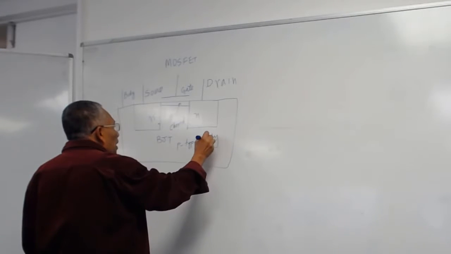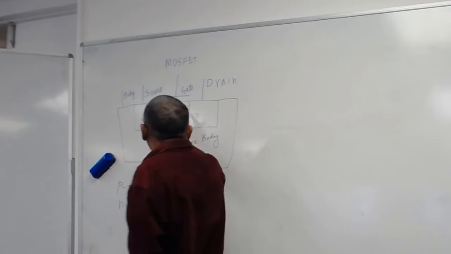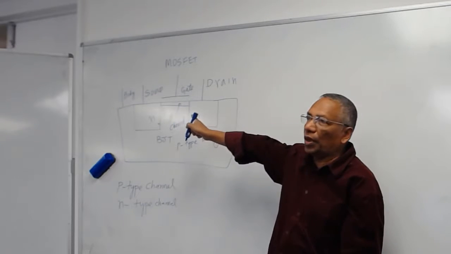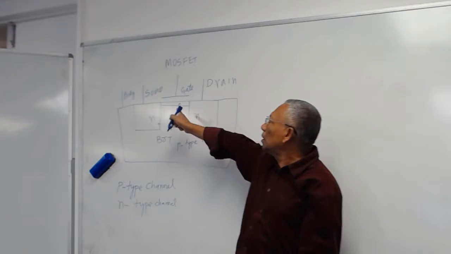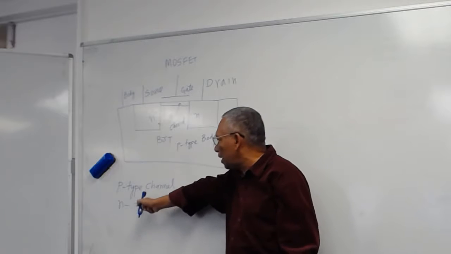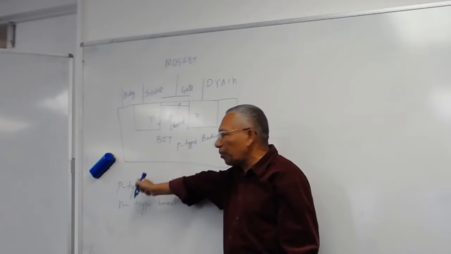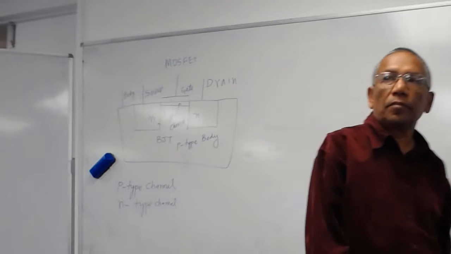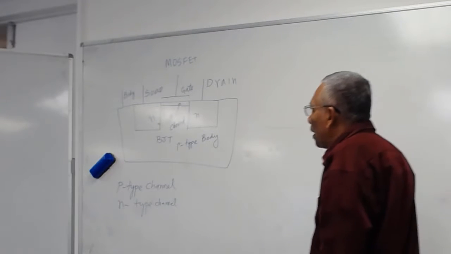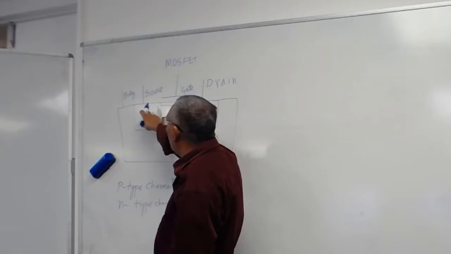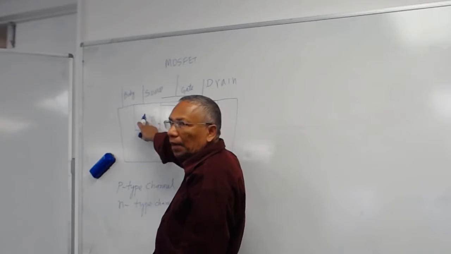So this channel here between the source and the drain should be what type, you think? Should it be n-type or p-type? The body is p-type. The channel should be p-type or n-type? If p-type, there won't be any current flow, because the source of carriers is electrons, the drain is electrons.